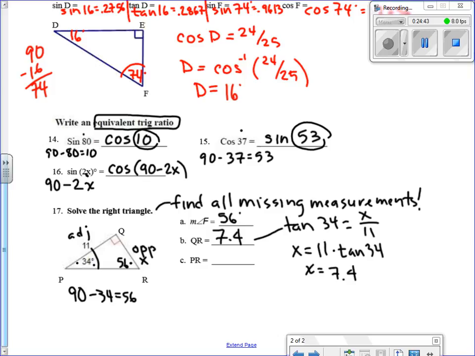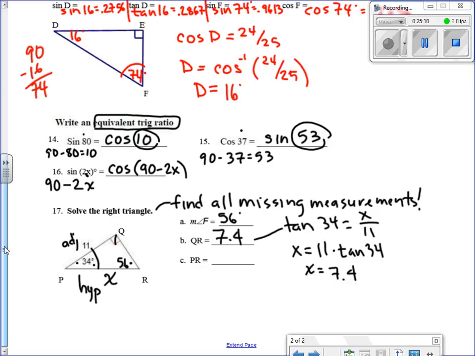And then the last question says find the length of PR. So now my labels are going to change a little bit. So now my x is here, 34 is here, this is the hypotenuse. This is still the adjacent side because I'm still in the same spot.